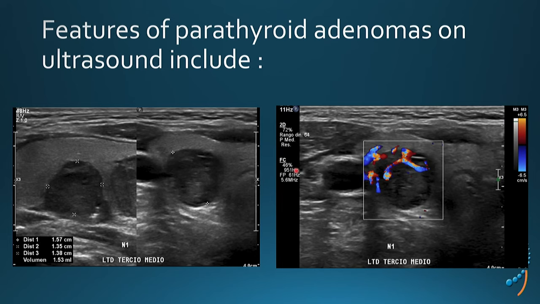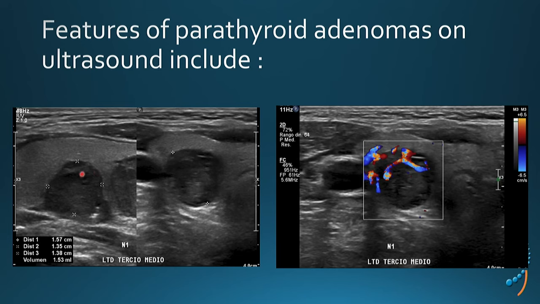Almost invariably, the indication for imaging parathyroid glands is to localize one or more glands causing hyperparathyroidism and therefore hypercalcemia. The features of parathyroid adenomas on ultrasound include an elliptical, hypoechoic solid nodule, and this can appear flattened when retrothyroid due to fascial planes, but often appears more round if intrathyroid.